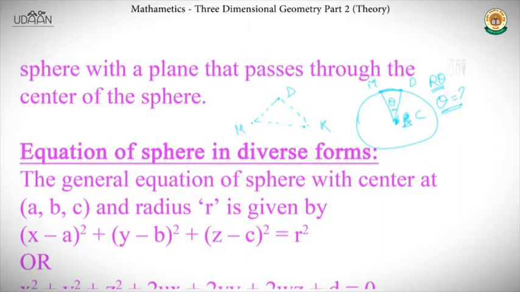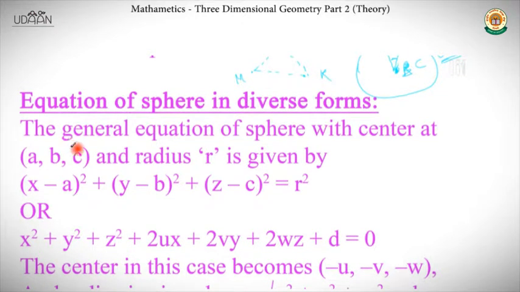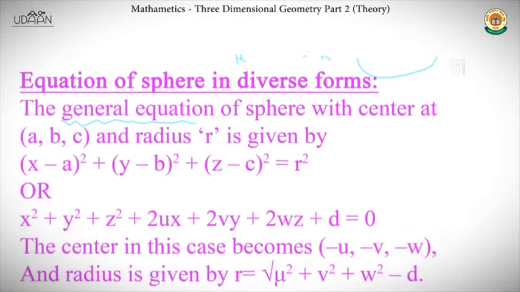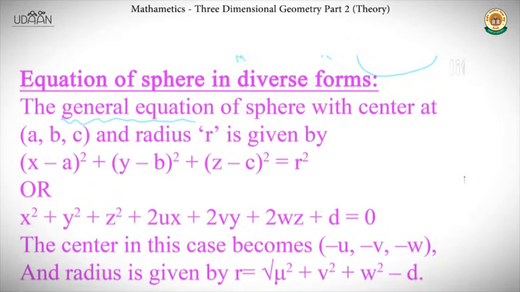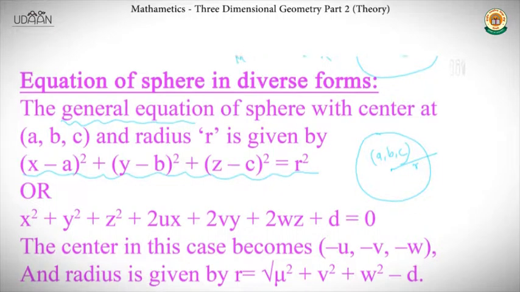Now, the equation of a sphere in diverse forms. First, we'll write the general equation of a sphere and then move on to specific equations. The equation of a sphere with center (a, b, c) and radius r is given by (x minus a) whole square plus (y minus b) whole square plus (z minus c) whole square equal to r square.